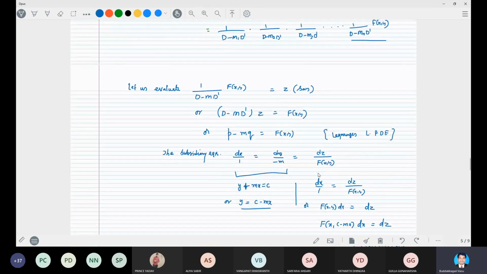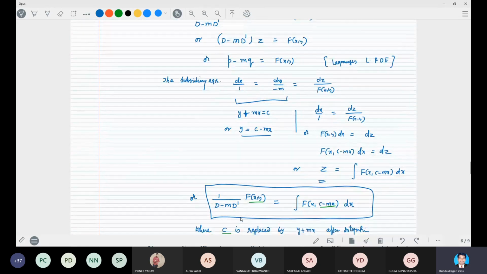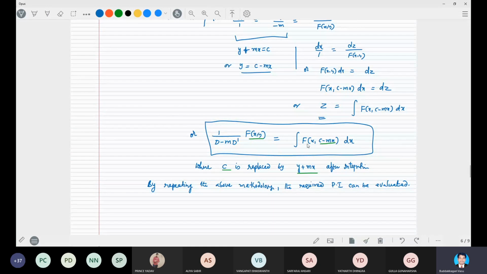So hence the solution will be 1 by D minus m D dash of f of x comma y is equal to the integral of f of x comma c minus mx, where c minus mx is the value of y, integrated with respect to x by putting y as c minus mx.